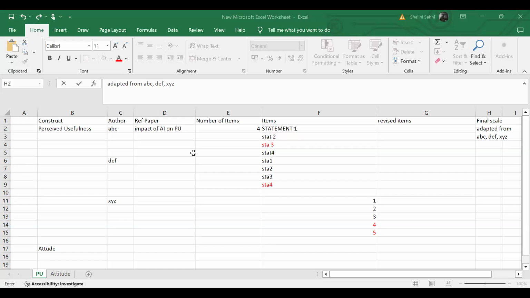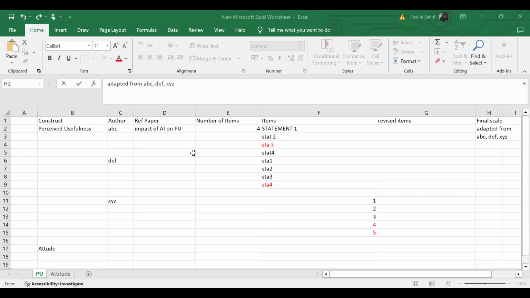For example, if you're adopting the items exactly from the existing scale with slight change, like changing the sector, then you will only go for CFA. If you are completely adapting the scale, no change in the language, nothing, then you will go for CFA directly. However, if you're making a change in the context or some language changes or whatever, then you will have to run first EFA and then CFA.